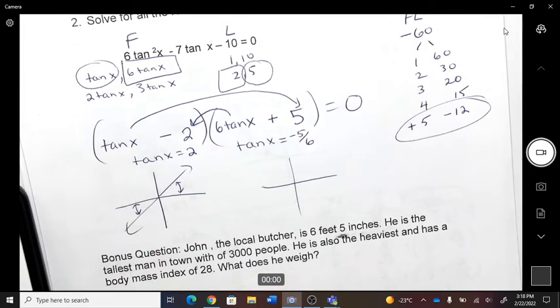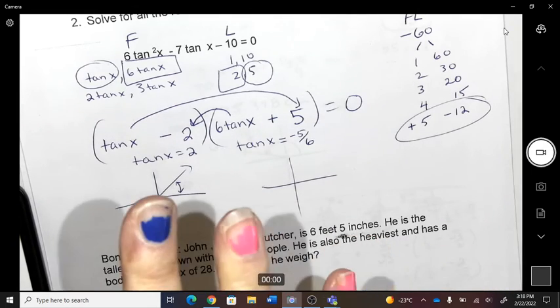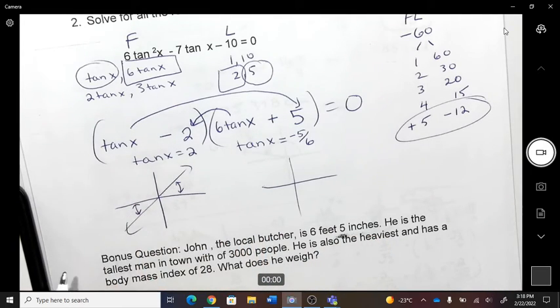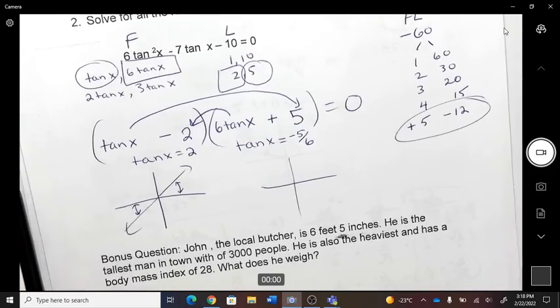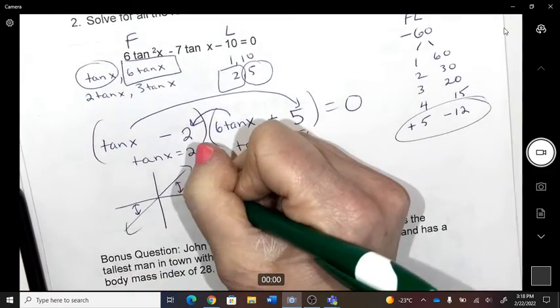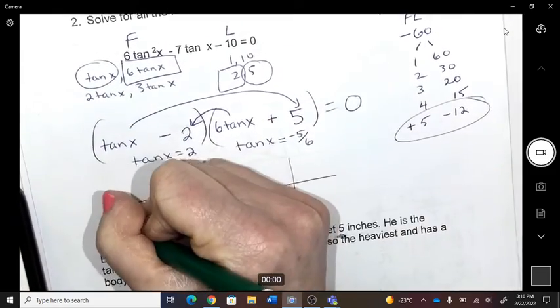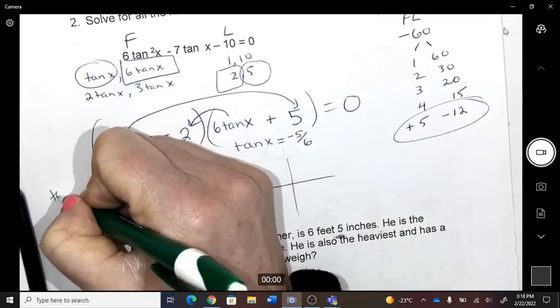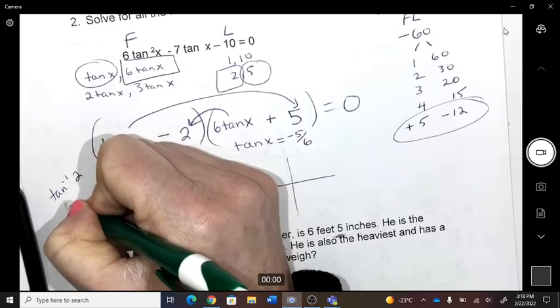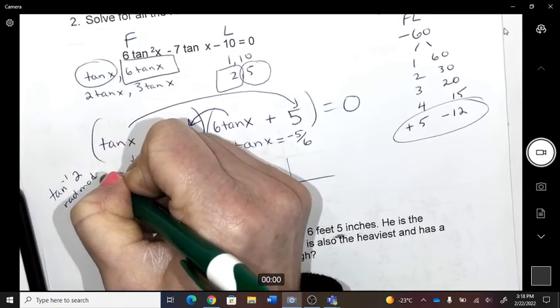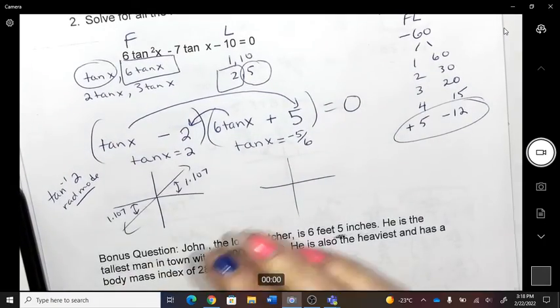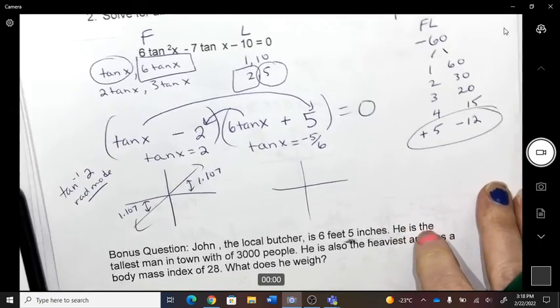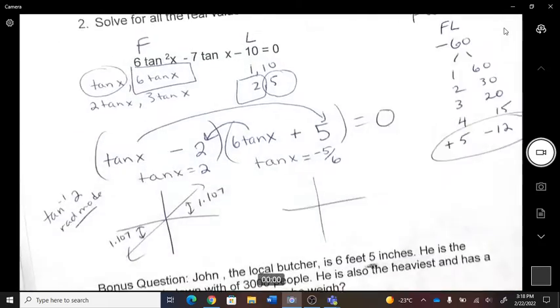It said for all real values, so I'm going to try to be in radian mode on that. So tan inverse of 2, and I was on radian mode.